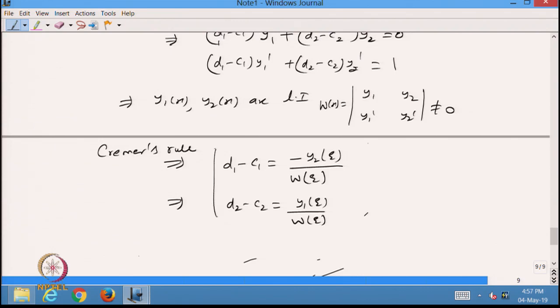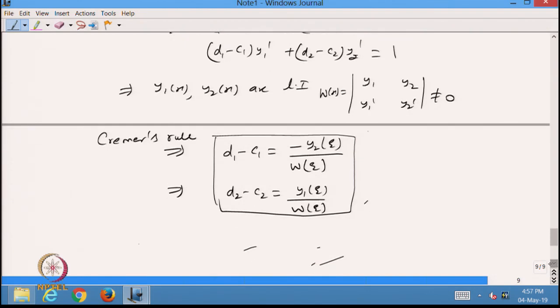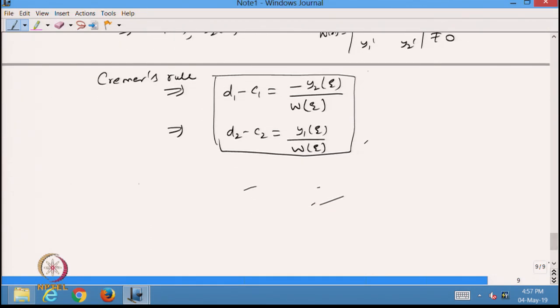So, this is the value of the coefficients, the variables d1 minus c1 and d2 minus c2, that we already did when we were doing the variation of parameters. With the help of this, now I can define, in this case, that this condition is either an initial value problem or a boundary value problem.